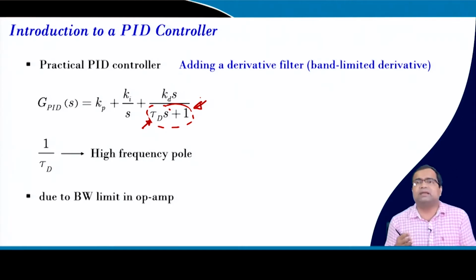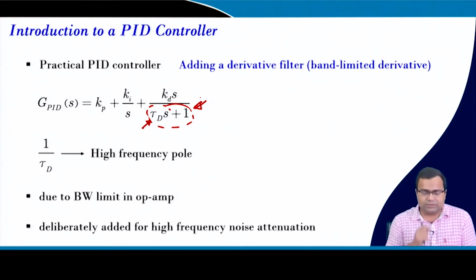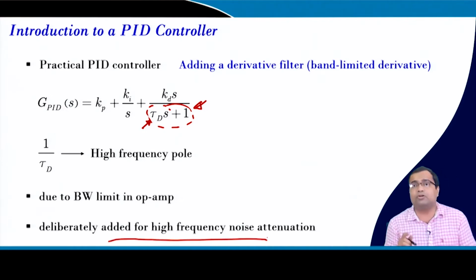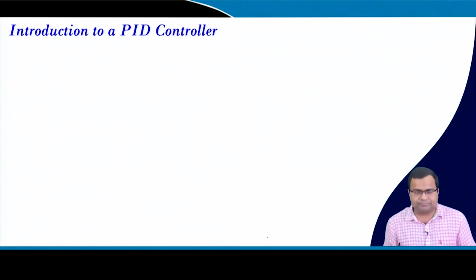This derivative action can inject various high frequency noise into the system, and that is not desirable. Sometimes we deliberately add a high frequency pole for noise attenuation, which can be much smaller than the actual bandwidth of the op amp.